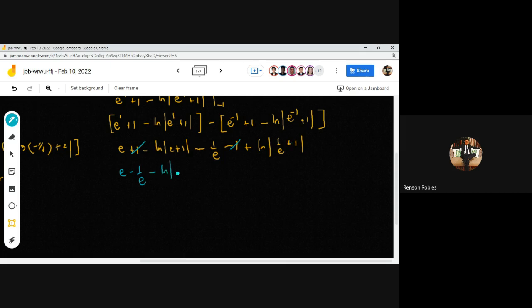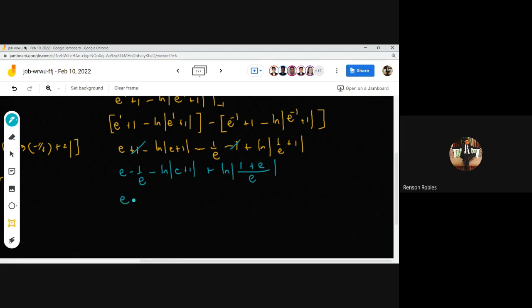Negative ln e plus 1 plus ln, you write this as one fraction so that we can use the laws of logarithmic function. You get the LCD, so this is 1, and then plus e times 1, that would be e, right? So maka-cancel siya later on.